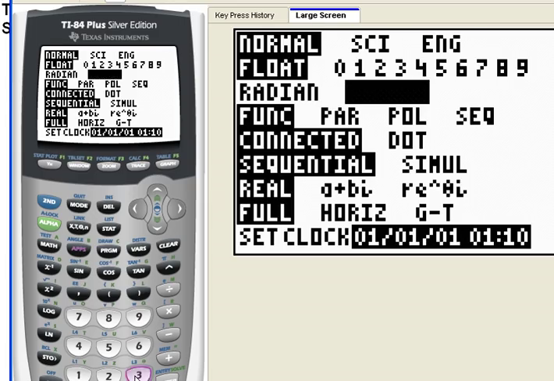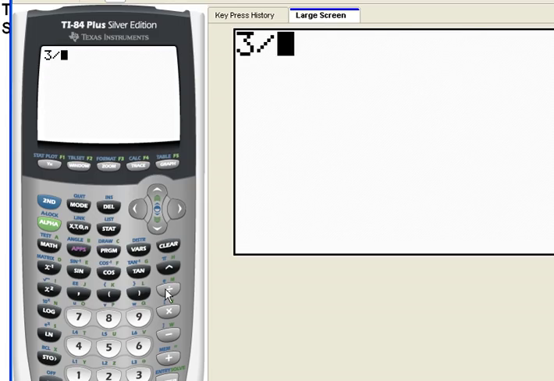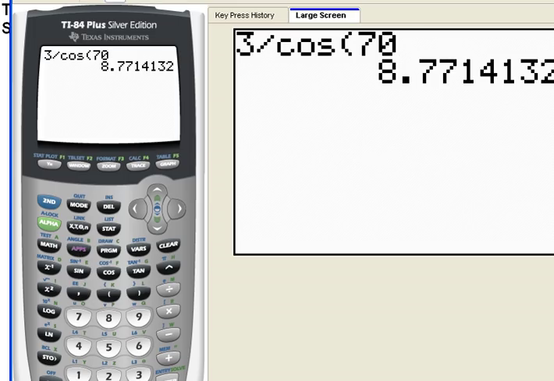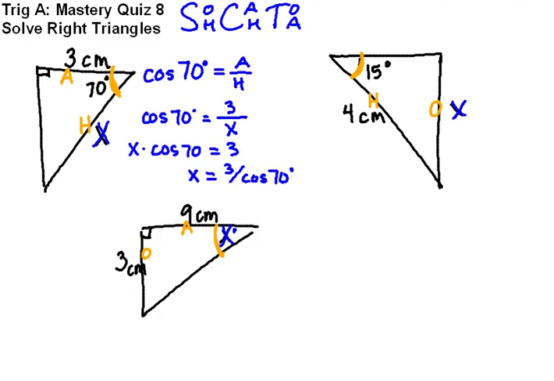And then we do 3 divided by the cosine of 70 for an answer of 8.771. We're going to do 3 decimal places because that's what AP tests ask for. Okay. Quick double check, the hypotenuse should be the longest. That is indeed longer than there.